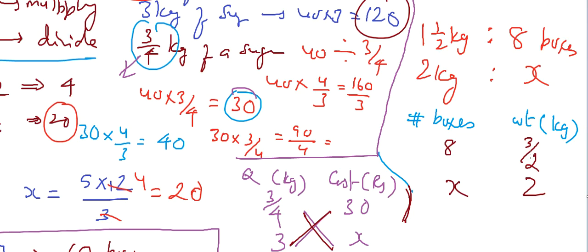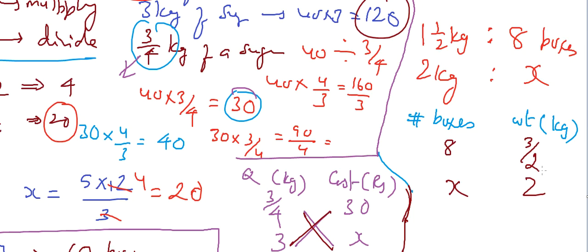If it is a 1.5 kg box, he is getting 8 boxes. If he buys 2 kg boxes, will he get more boxes or fewer boxes for the same money? He will obviously get fewer boxes, isn't it?